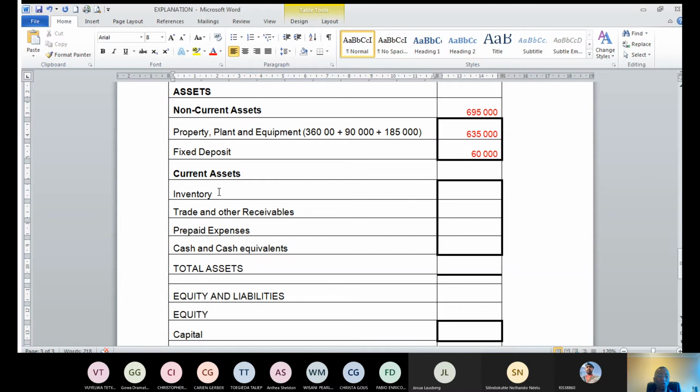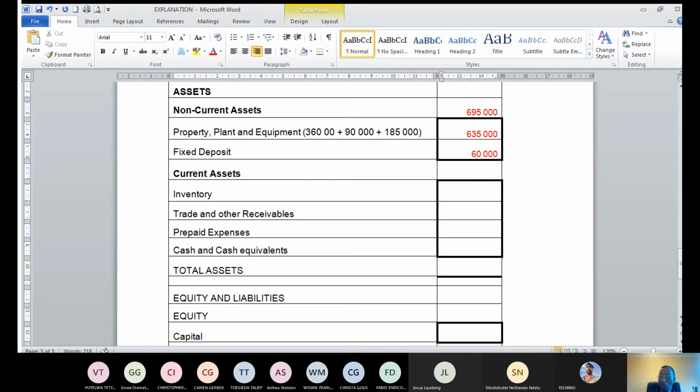So our current assets will consist of inventory, trade and other receivables, prepaid expenses, and cash and cash equivalents. The inventory will consist of our closing inventory, since we haven't got any additional information about consumables on hand. So our closing inventory will be the amount of 28,300 rand.